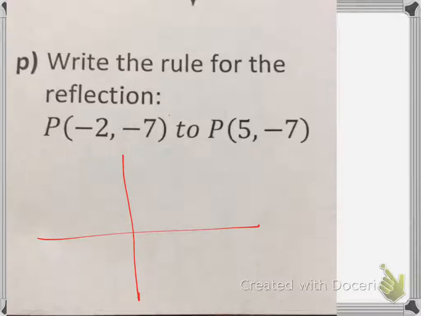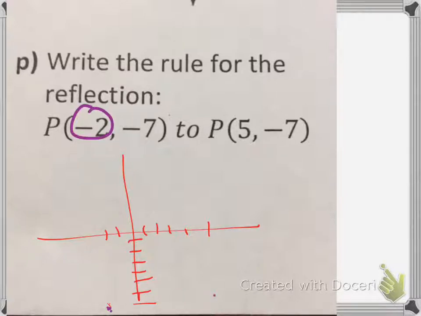So if we start at -2, -7, so -2, 1, 2, 3, 4, 5, 6, 7. If we start at -2, -7, which is right here, draw a point right there. Okay, and we end up at 5, -7. And then we're down here.